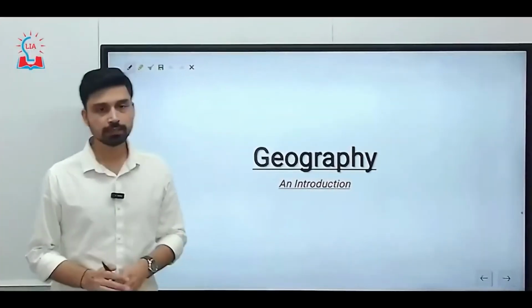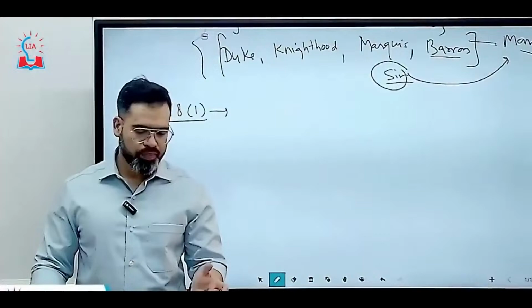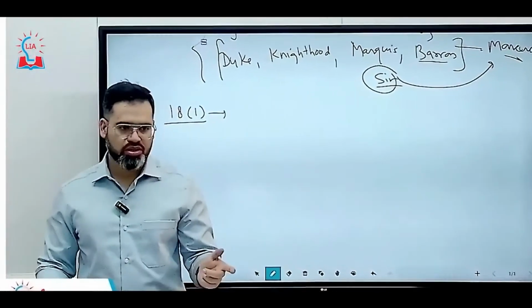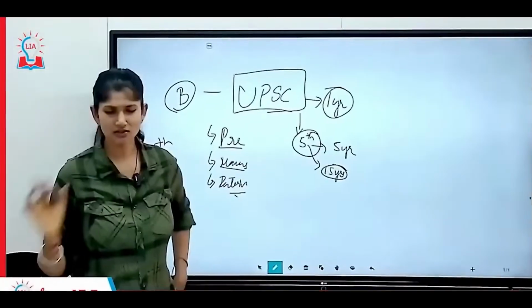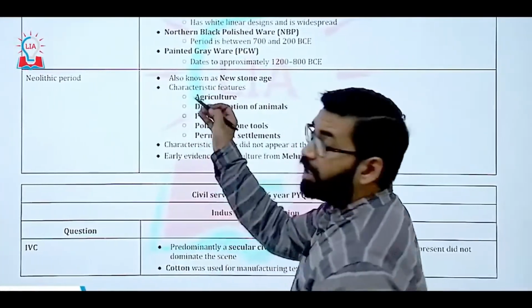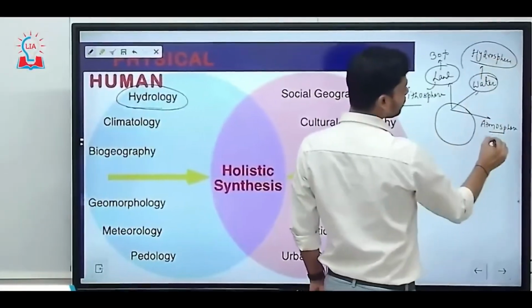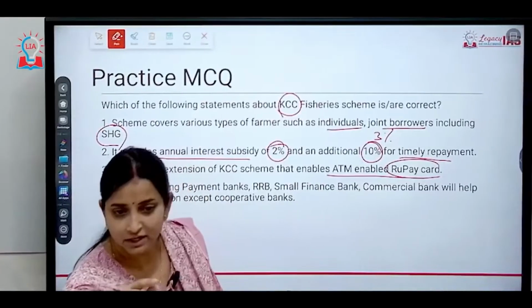Right, so I think this is your first class of geography. So, what is reminder theorem? So the RBI comes with a bulletin. For example, citizens also and non-citizens also. So it is clear now. So abolition of What is a society made up of? Just do this exam, better your life is settled. Getting my point? So the characteristic, as you can see here, agriculture was there. And atmosphere is made up of what? Can say it is made up of gaseous. And the loans will be credited to your account.